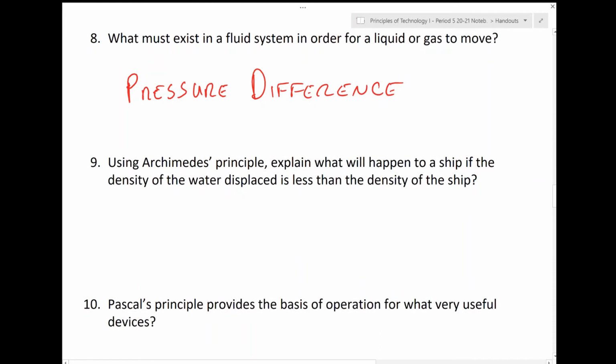Number 9, using Archimedes' principle, explain what happens to a ship if the density of the water displaced is less than the density of the ship.